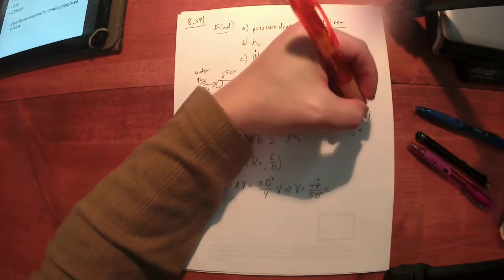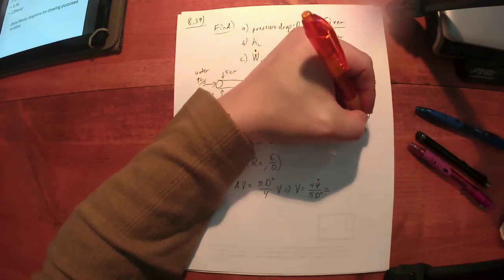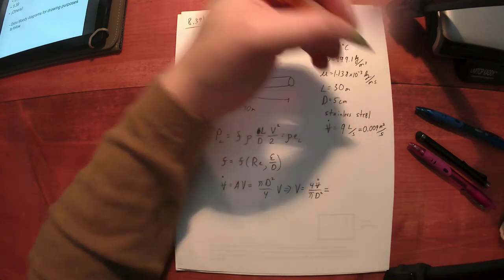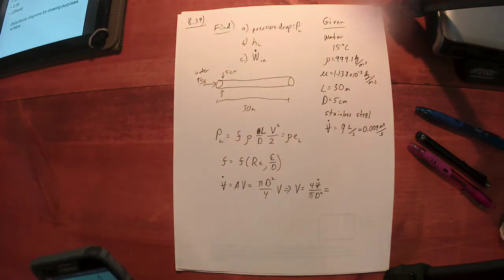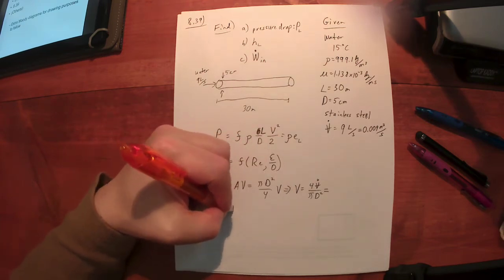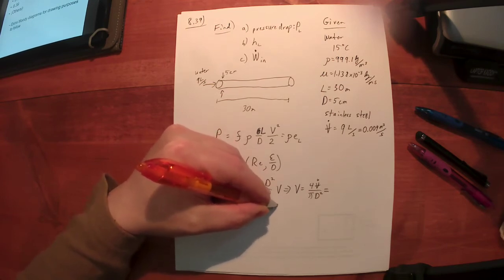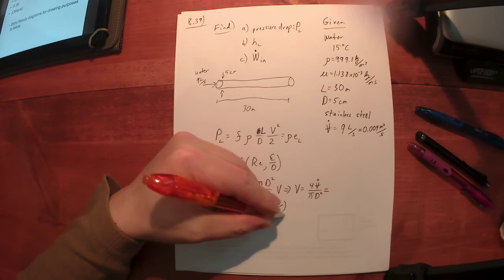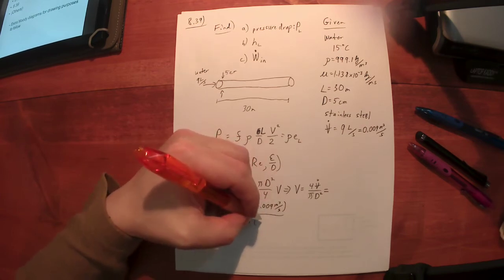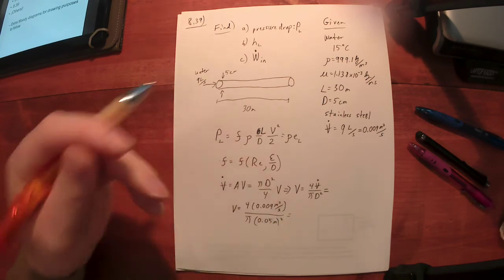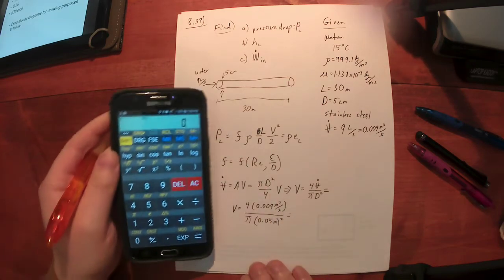9 liters per second. If I convert that to cubic meters, that should be 1, 2, 3. I believe that is 0.009 cubic meters per second. So the speed is equal to 4 times 0.009 cubic meters per second divided by pi divided by 0.05 meters squared. Now normally, have your calculators out, guys.